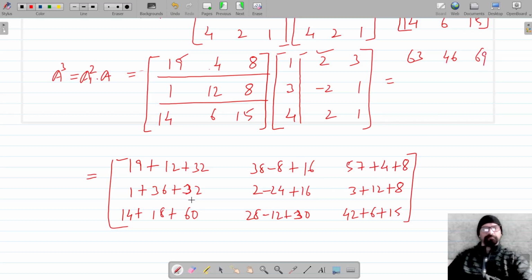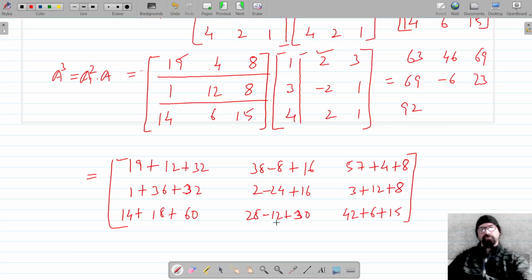36 plus 32 is 68, plus 1 is 69. This is 2 plus 16 is 18, minus 24 is negative 6. This is 15 plus 8 is 23. 32 plus 60 is 92.